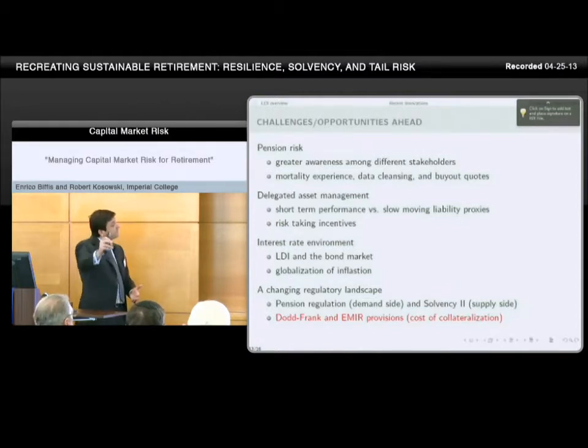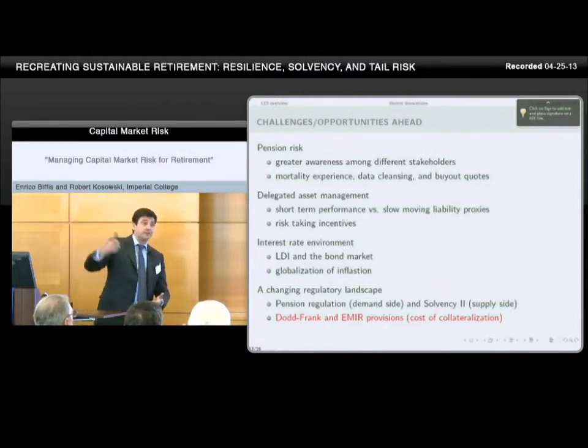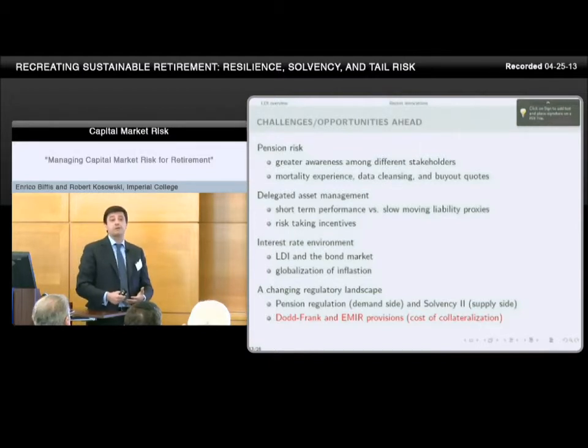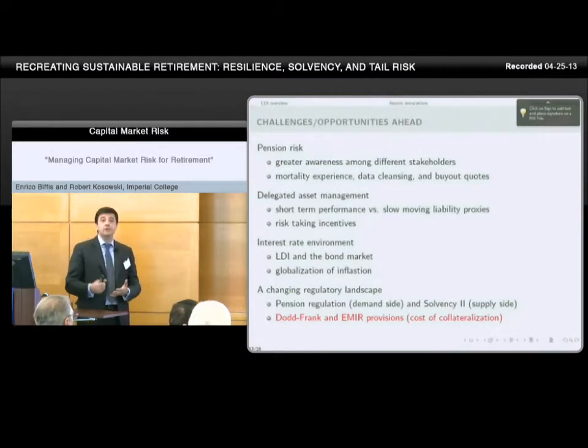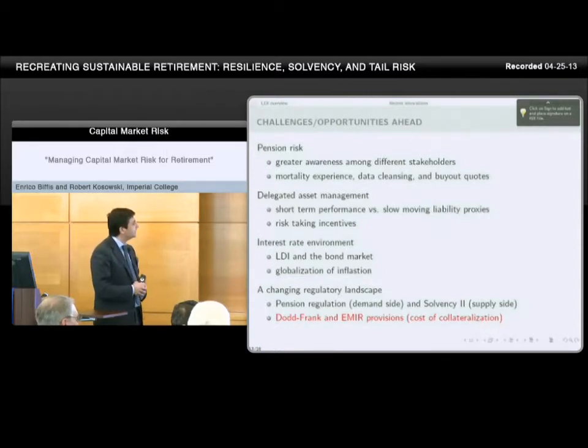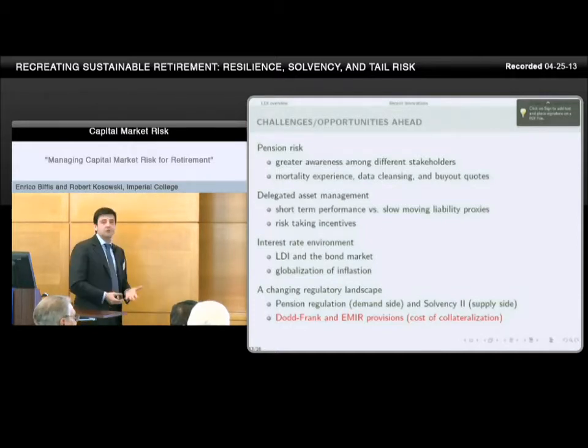At the same time, when you think of insurers, which are part of the hedge suppliers, for example in the longevity swap space, well, Solvency II, for example in Europe, may make longevity insurance pretty capital intensive, right? That might create some issues there.